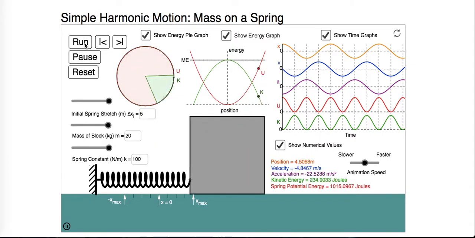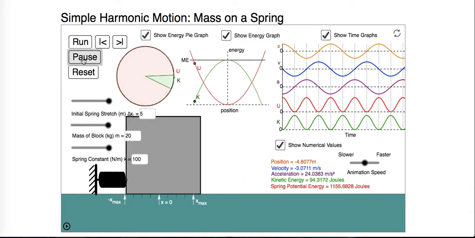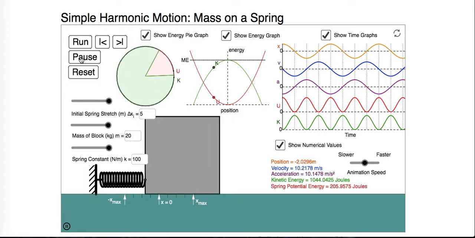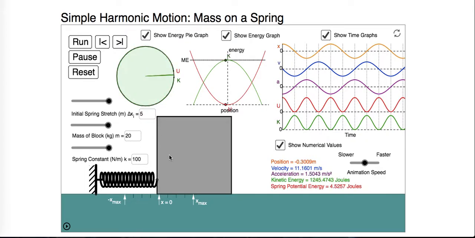At full displacement from equilibrium, right there, say, almost full, right about there is full amplitude, full compression of the spring. You'll notice the block has come to a stop, so there's no kinetic energy. And where's the energy? It's all in the spring. And as it goes through its rest position, the potential energy goes to 0 because the spring is relaxed, but the block is moving fastest.